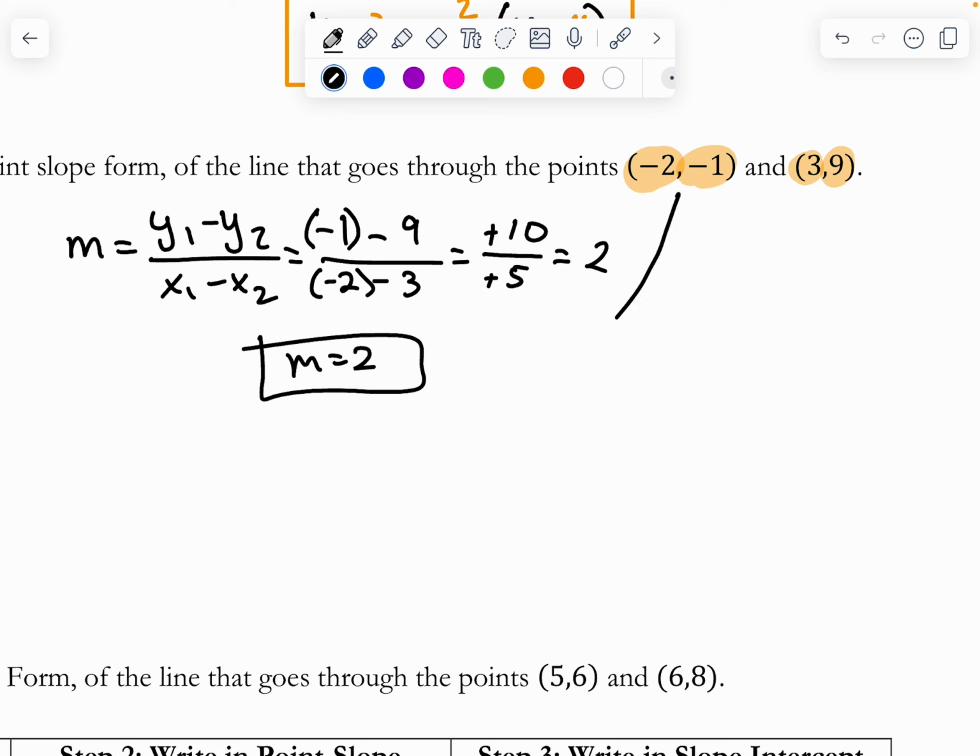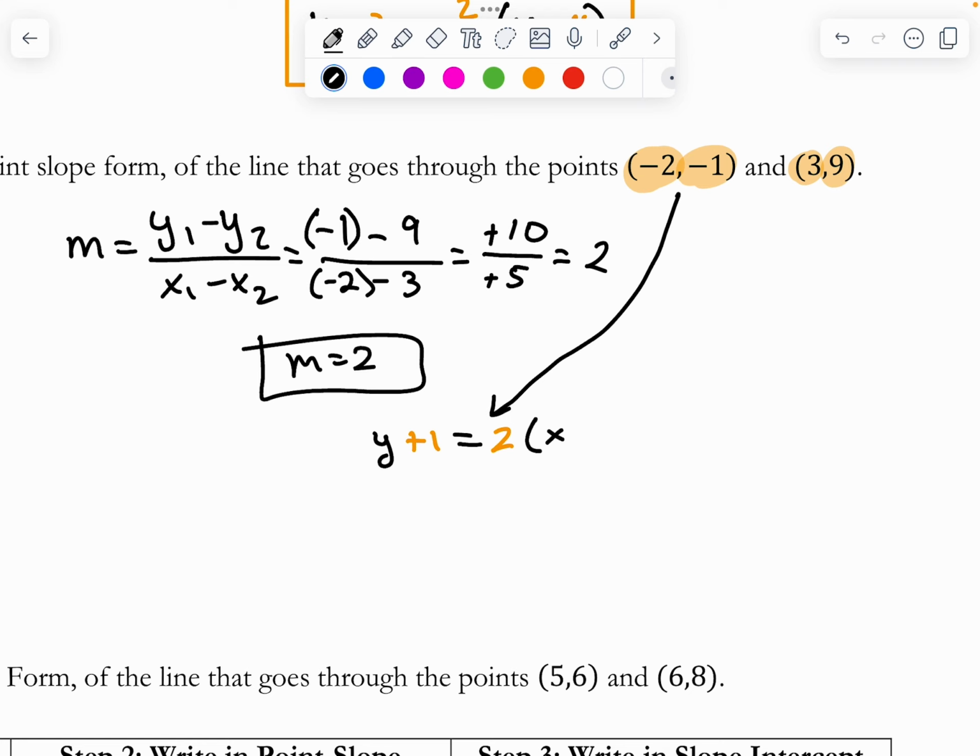Okay, so if you use this point here, I'm going to write it right down there. Y, my y1 is negative, so we're going to write positive. My slope is 2, so we're just going to transfer it right there.